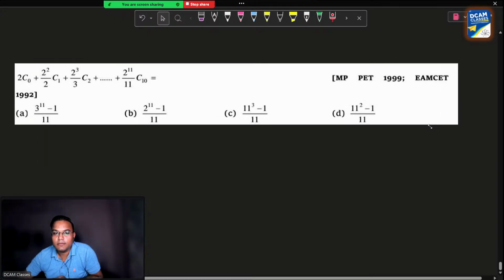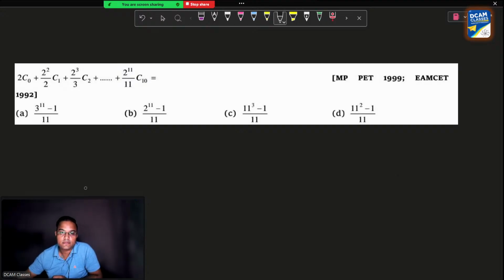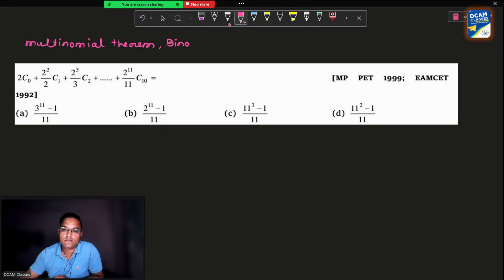One is the multinomial theorem and one more thing is left, the binomial theorem for any index. These two concepts will be done in the next class.